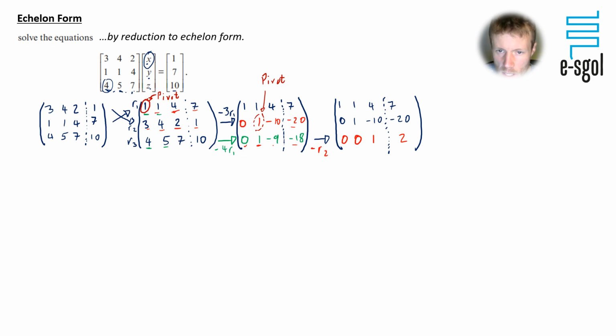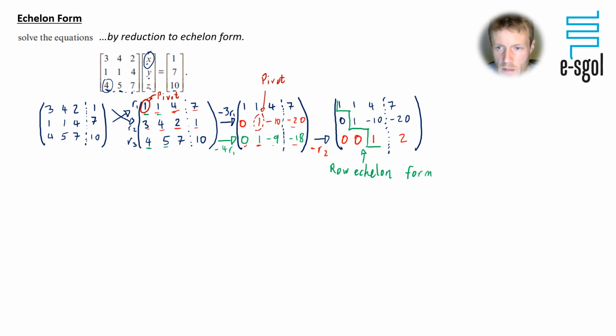What you can see then is we have this nice echelon shape. This then is called row echelon form. Echelon is, I think, French for rung of a ladder or step of a ladder, so it creates this kind of step shape.